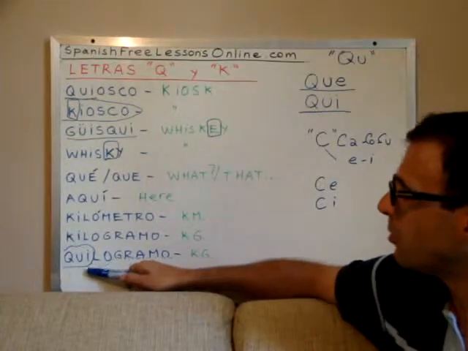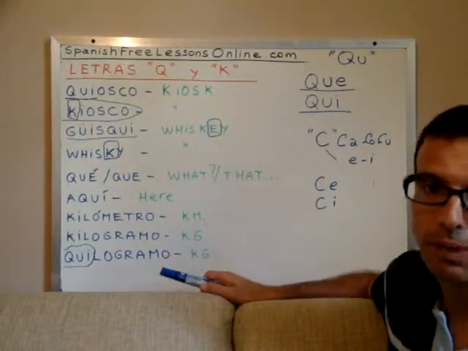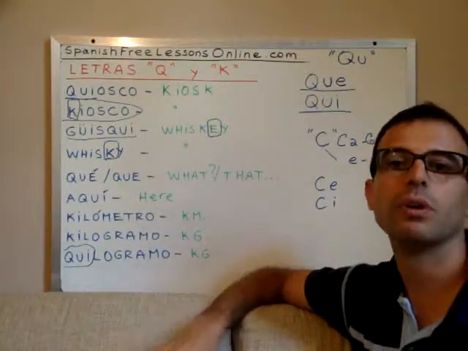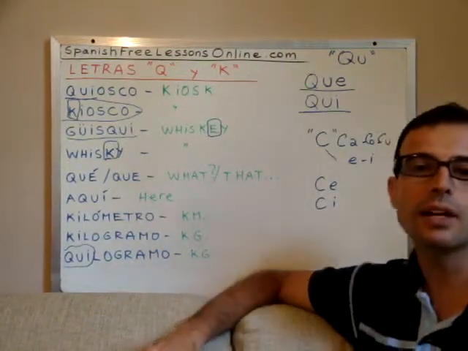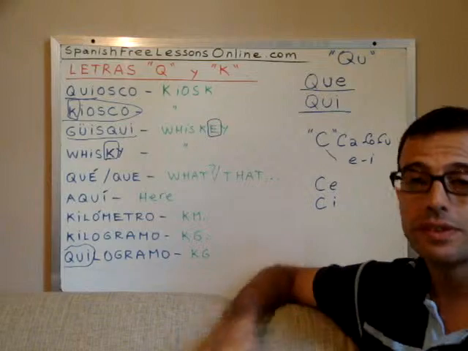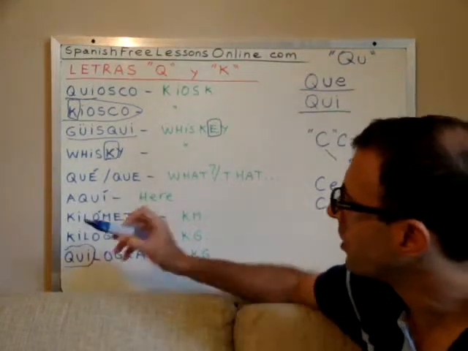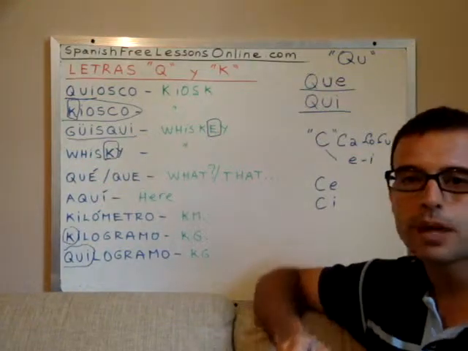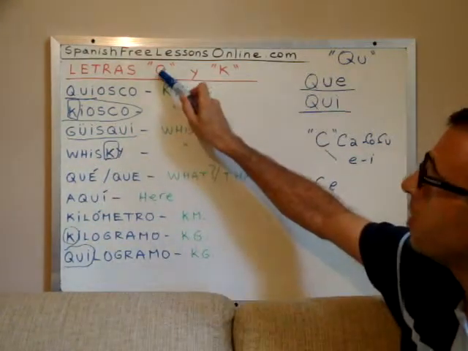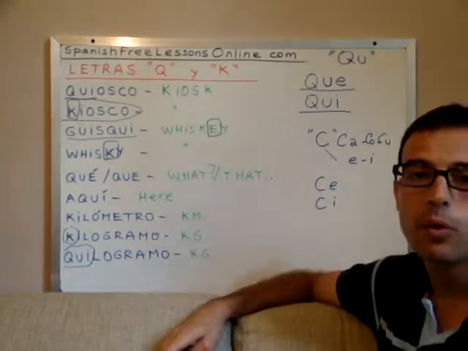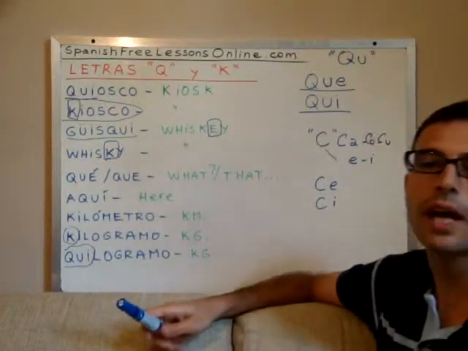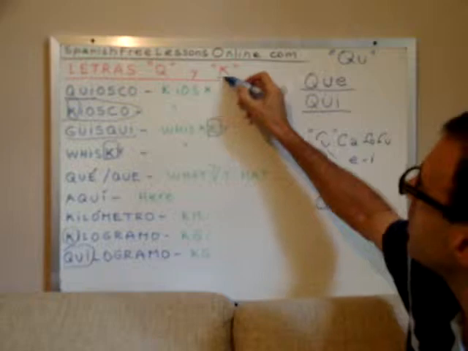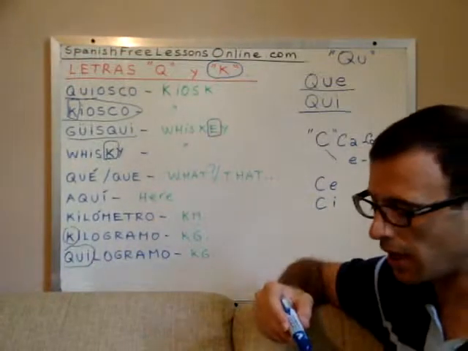So quilogramo would be 100% Spanish, but kilogramo with a K is also correct, and actually in most dictionaries you will still find kilogramo with a K, right? So although the Spanish way of writing would be with a Q, many foreign words that have been incorporated into Spanish still use the K, and that's okay.